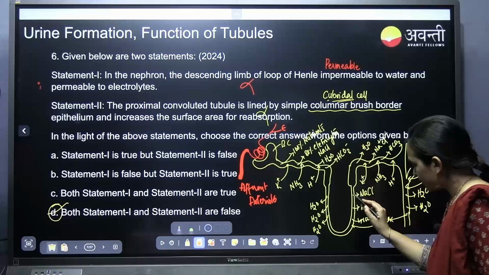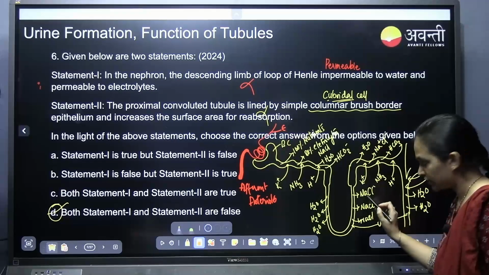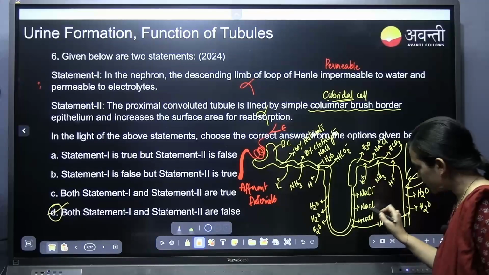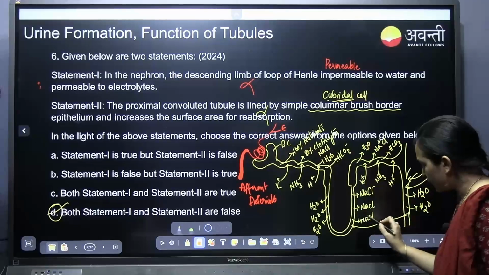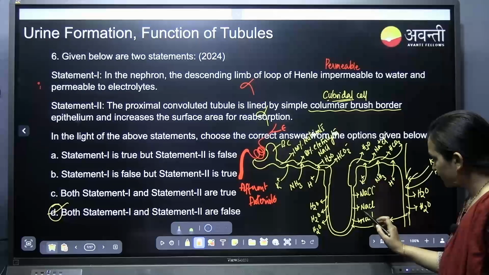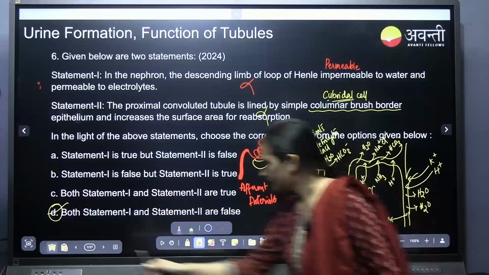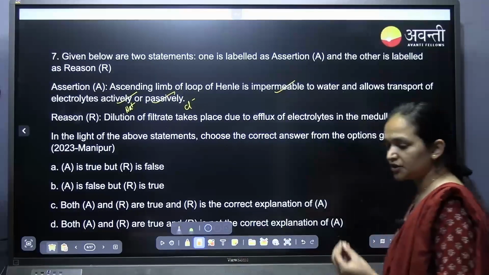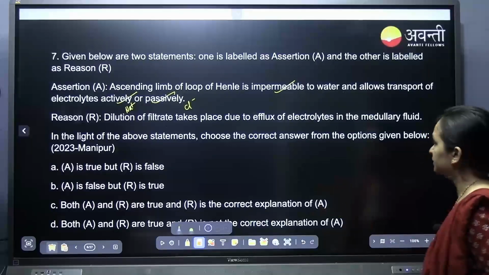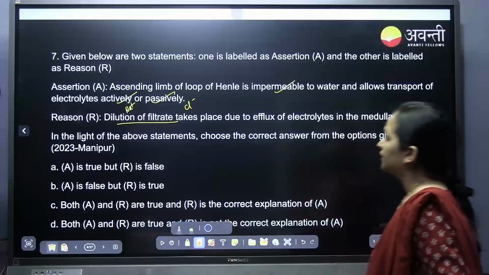As you can see, the solute is going out of the loop. Can we say the concentration decreased here? The concentration of NaCl decreased, isn't it? In a sense the dilution increased. So you can see the dilution of filtrate can take place.